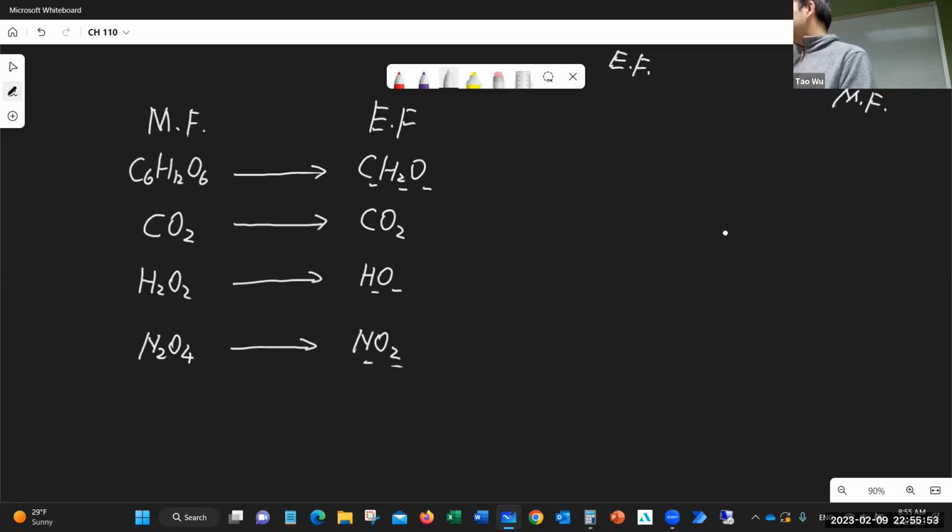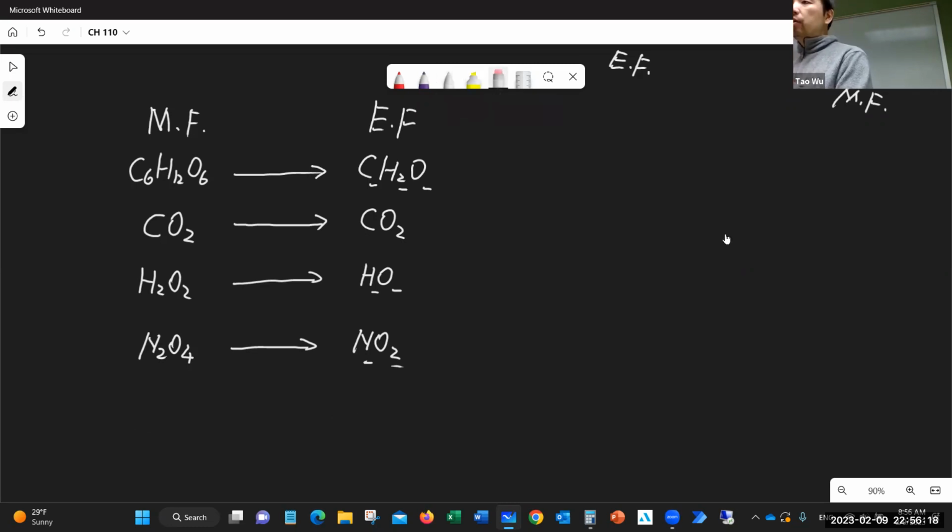But I do see some students write CH4 and simplify it to CH2, which is not right because they forgot this is 1. 1 versus 4 is already simplified. You cannot make it 1 versus 2. Those are two different ratios.